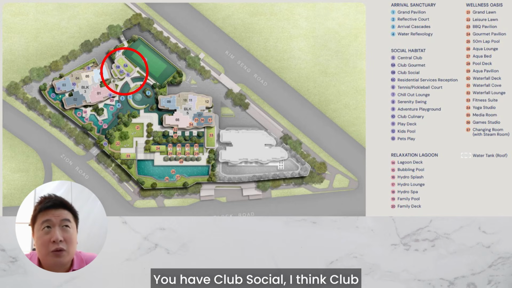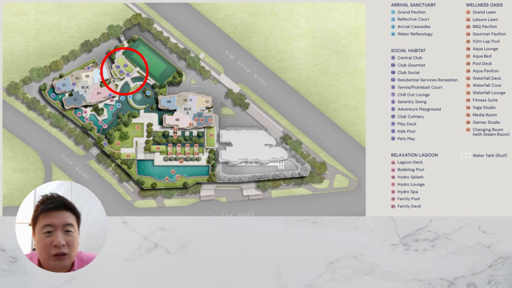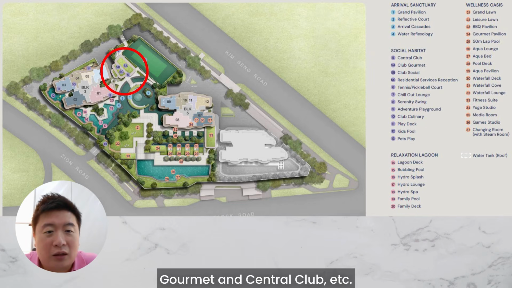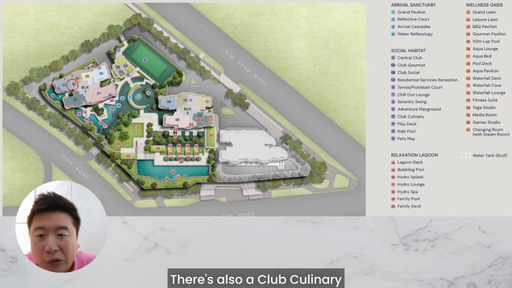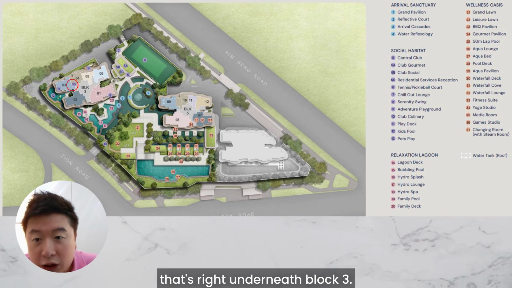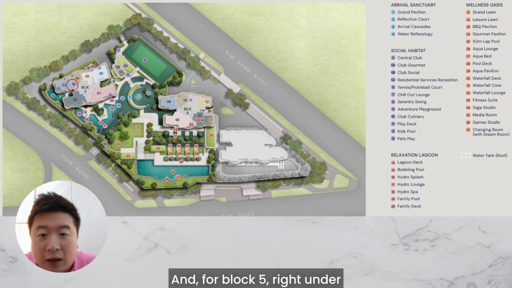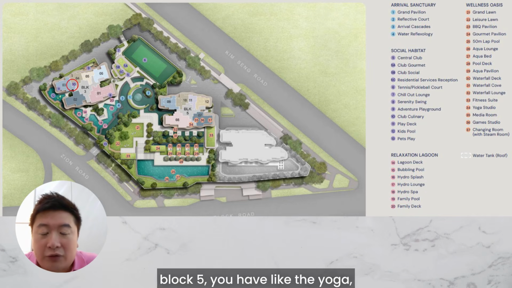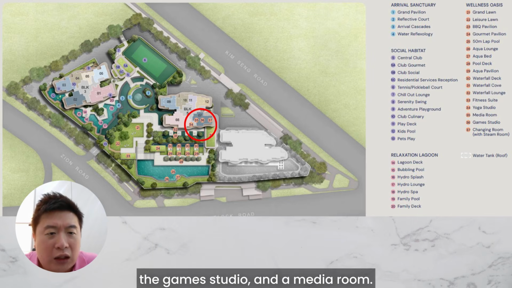You have Club Social, I think Club Gourmet, and Central Club, etc. There's also a club culinary that's right underneath Block 3. And right underneath Block 5, you have the yoga, the game studio, and a media room.